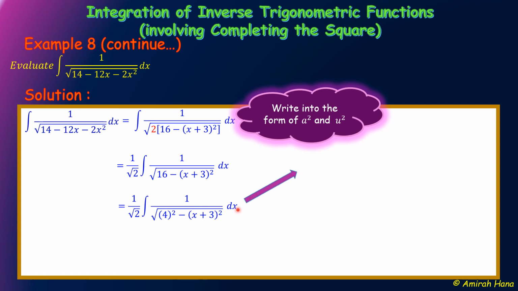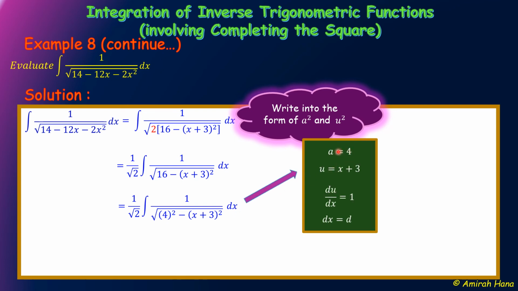After that, we list down a, u, and then we need to find du over dx. Our a should be constant, which equals 4. u equals the function containing x, which is x plus 3.